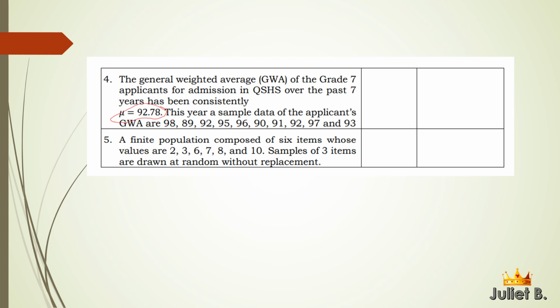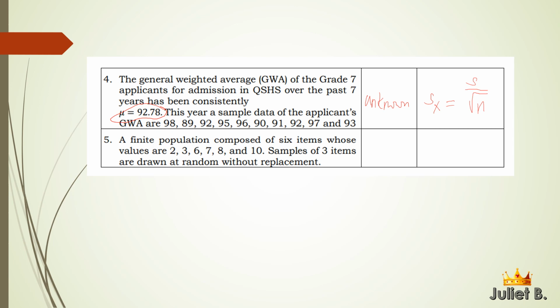But then, the standard deviation, or the variance, I should say, is unknown. So therefore, this is unknown. The only given values are the population mean and the sample size, that is 10. So what we're going to use for the formula for the standard error will be standard error is equal to the standard deviation of the sample mean divided by the square root of n.